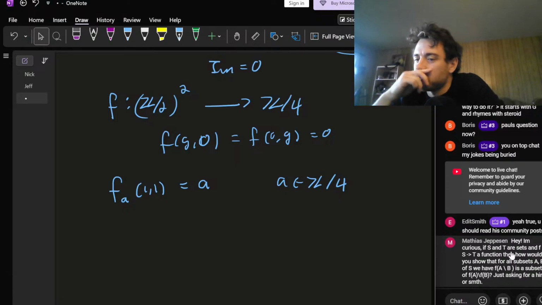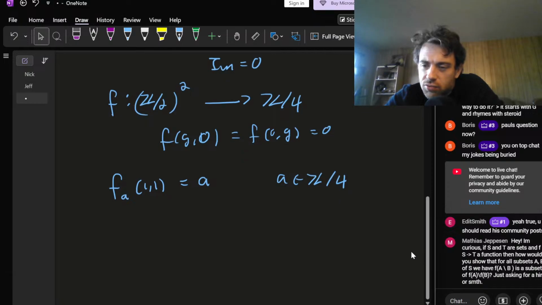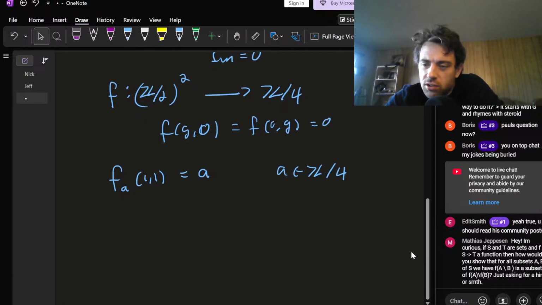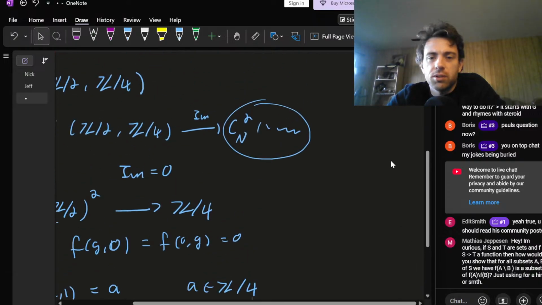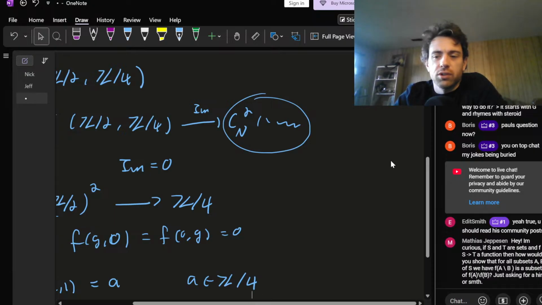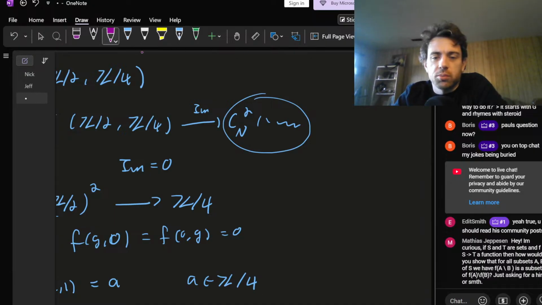If S and T are sets and F is a function, then how would you show that for all subsets A and B of S, F at A is a subset? Well, you're trying to prove what?